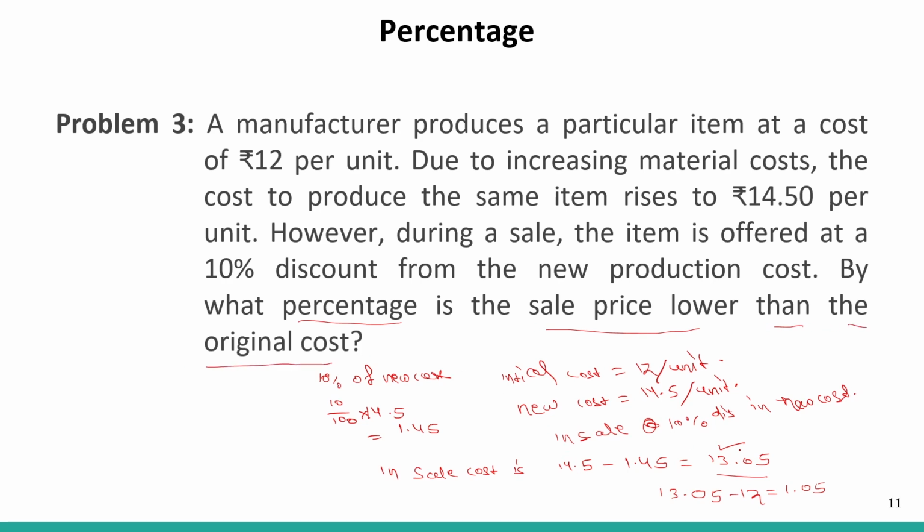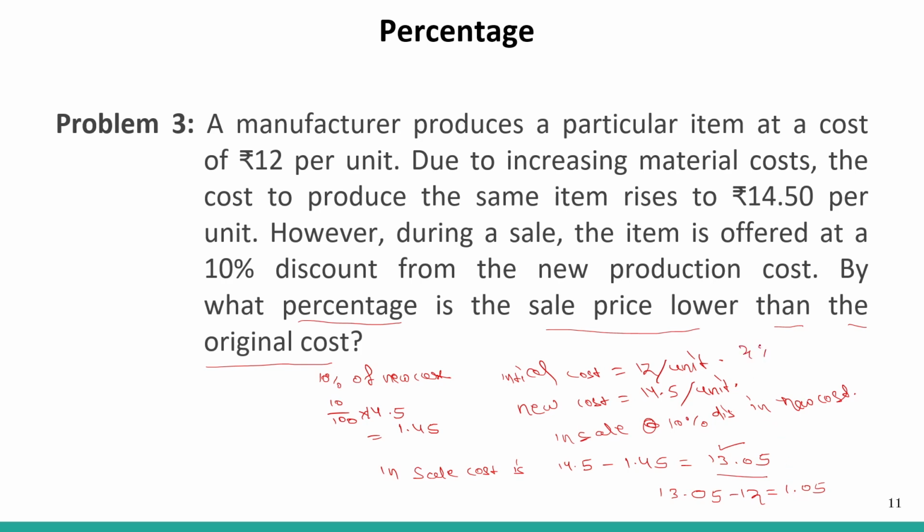The first thing to note is that the sale price is not lower than the original cost. The original cost was 12 rupees per unit, so the sale price is greater than it. So what is the percentage difference? What percent of 12 is 1.05?